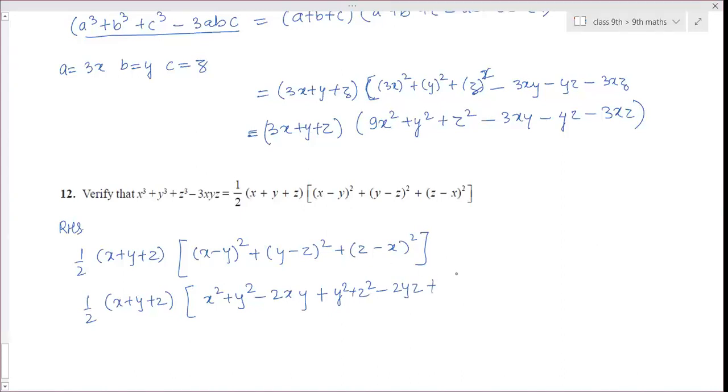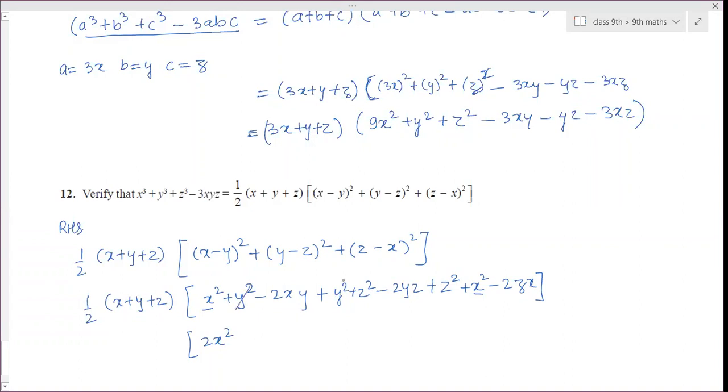And z minus x whole square? Z square plus x square minus 2zx. So here x square plus x square will become 2x square. So this and this part done.